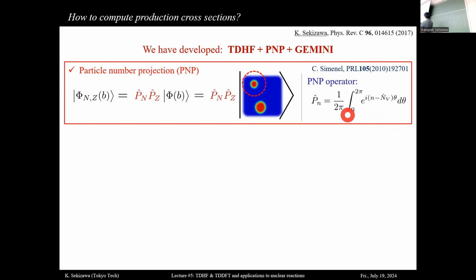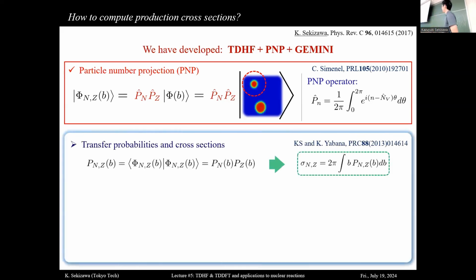The N is the number of particles to be projected, and this N hat represents the number operator acting only on one of the fragments in this region. So it indicates that we can extract or project out certain components of the wave function which have a specific particle number in this fragment.